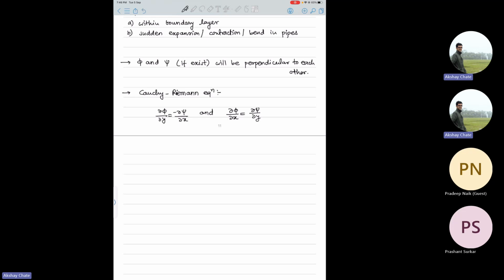So now after this, I think problem solving should not be that difficult, if you have understood these things. So first question I'll take.